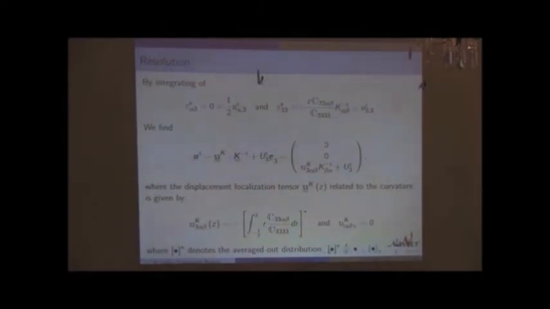The in-plane displacement is zero, because of the skew symmetry of the expansion. The only new contribution is this one: the Poisson effect, the out-of-plane Poisson effect related to the bending.